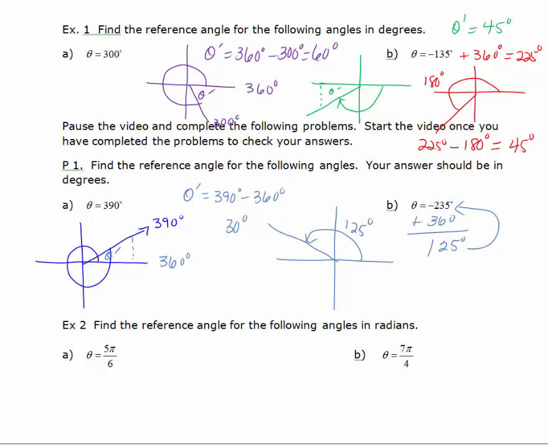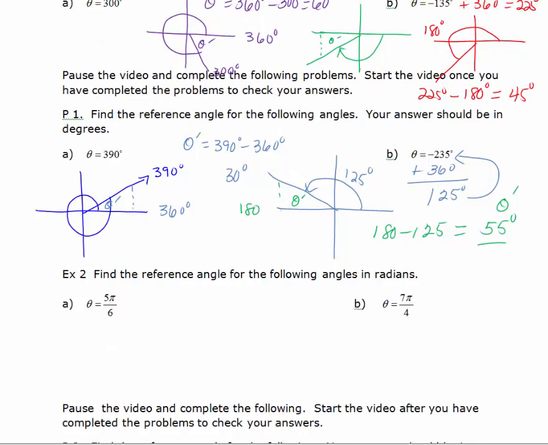If I want to find theta star, or theta prime, my acute angle, I would just take the 180 and subtract the 125 to find that little piece right there. So 180 minus 125 would be equal to 55 degrees. So your reference angle for negative 235, which is the same as the reference angle for 125, would be 55 degrees.